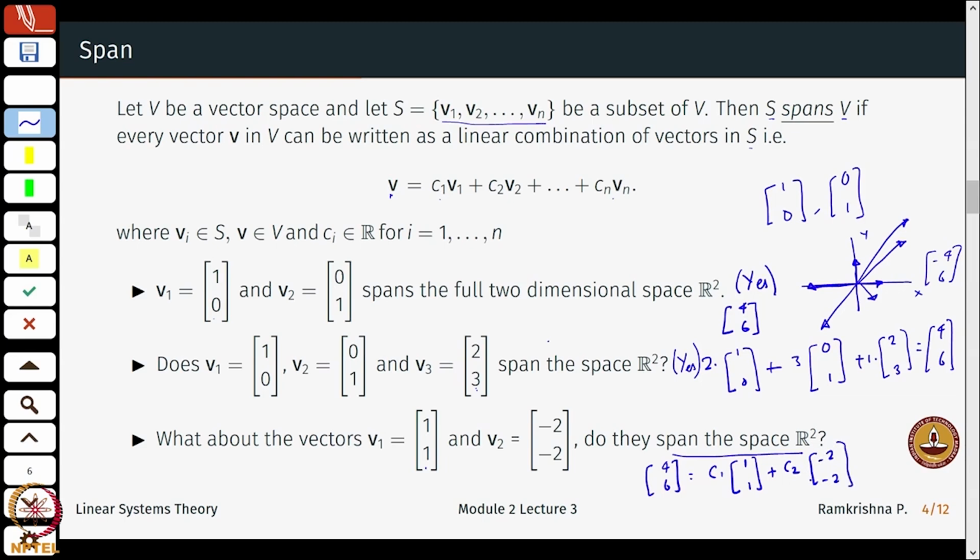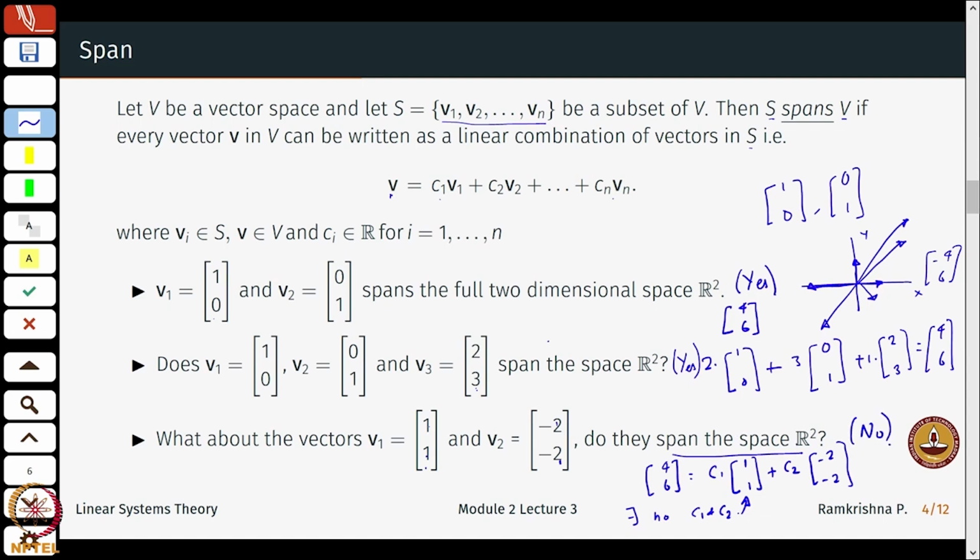You can solve some simultaneous equations here and find that there exist no c1 and c2 such that the above expression holds. So, do the vectors (1, 1) and (-2, -2) span the space R2? The answer is no.